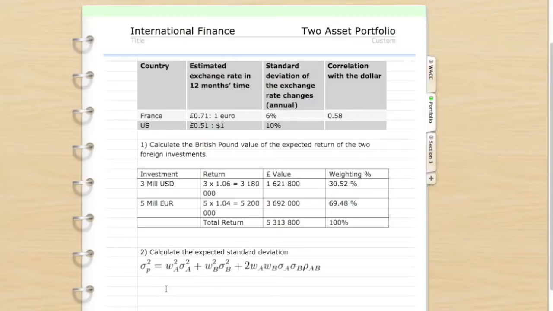So we say the square root of the weighting, 0.31, we get the weighting from here, just rounded off, 0.31 to the power of 2 times the standard deviation, which is given to us here, 0.1 to the power of 2, plus the other asset in the portfolio, which in our case is the euro, the investment in France.